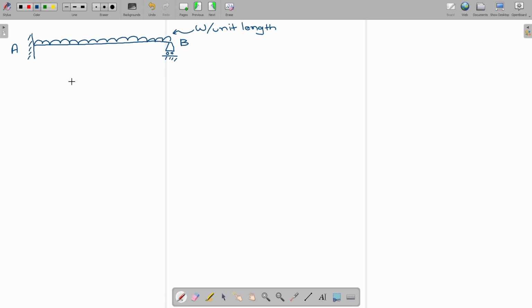Okay. Now what we are going to do, we are going to apply the method of superposition. That is, we are taking the same beam and applying the load one after another, and then we are going to add up their deflection.